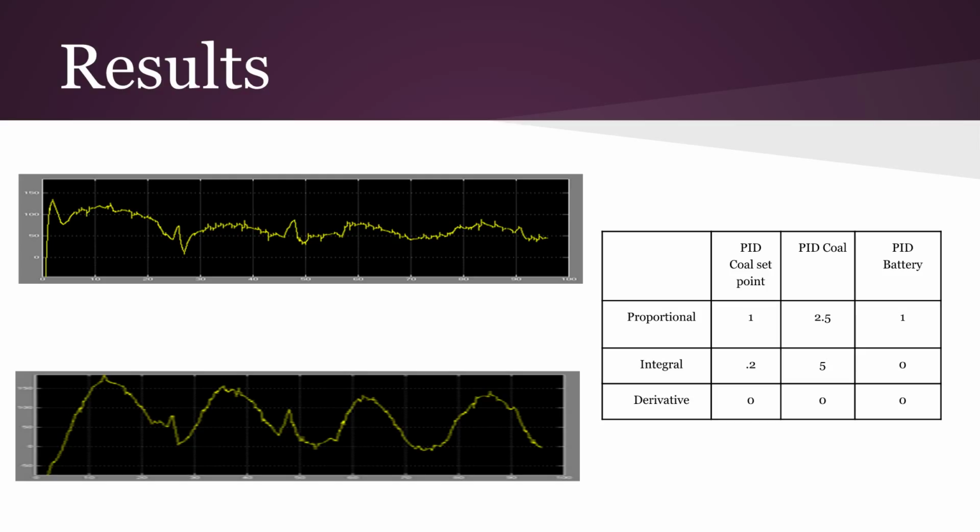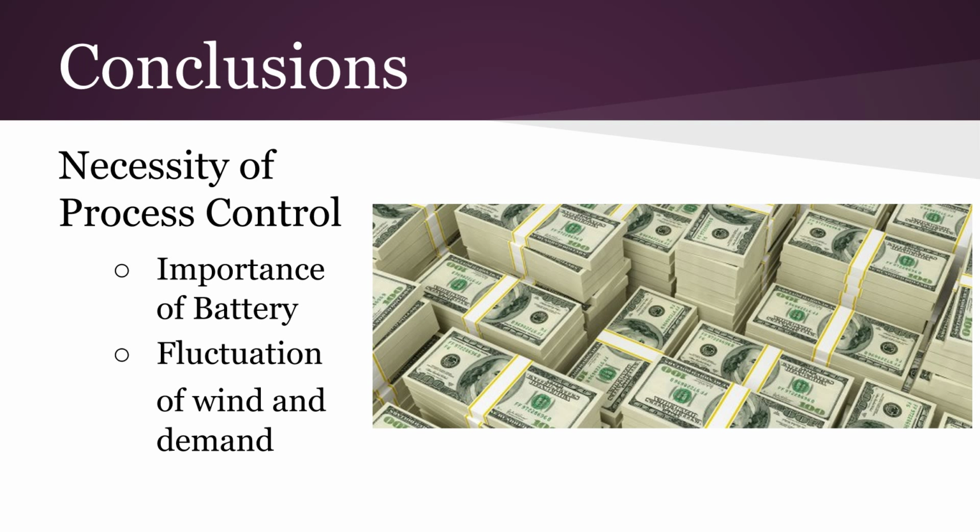From the top graph you can see that we aren't experiencing any brownouts, and we are achieving very little oscillation in our energy demand, which shows that we're not producing or consuming an excess of coal. So we're limiting that amount and being within the government regulations. From the bottom graph you can see there are a lot of oscillations, so it's really important to tune the parameters given in that table.